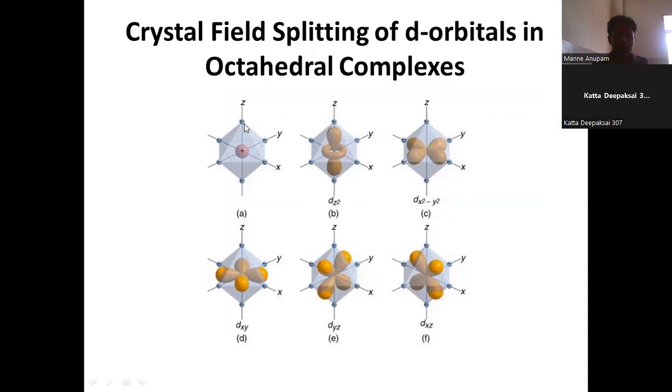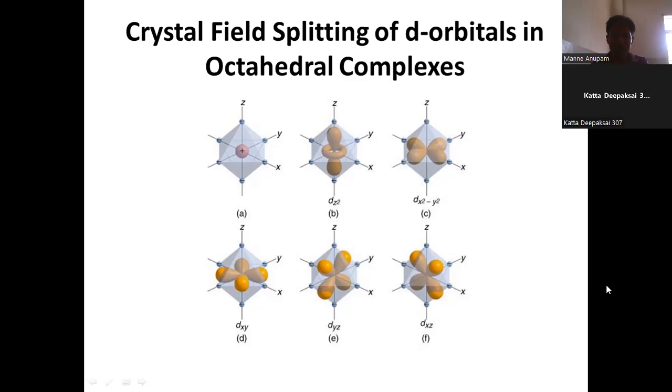When ligands approach the metal ion in an octahedral fashion, the electrons filled in the d orbitals of the metal ion have a repulsion with the electrons of the ligands.